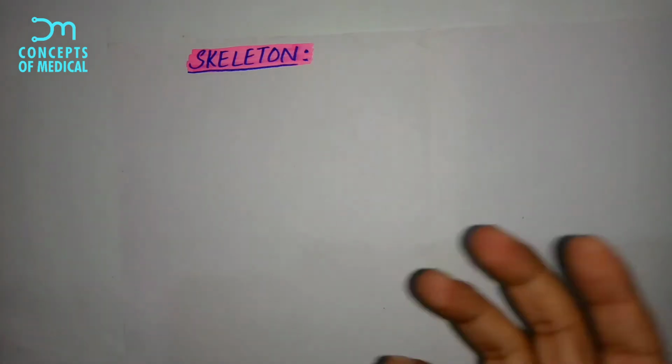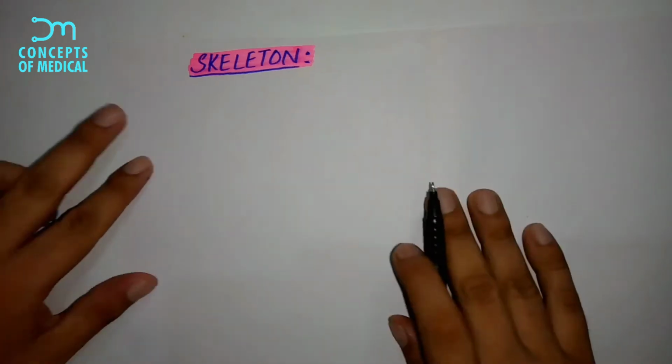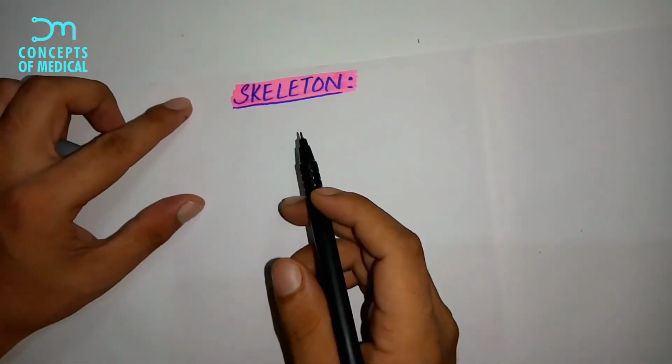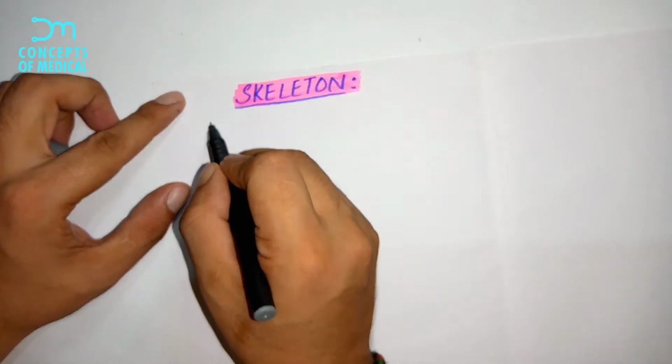The skeleton is actually the framework of bone, associated ligaments, cartilages and joints. So how many terms are we discussing here in the skeleton? The first term is the bone.